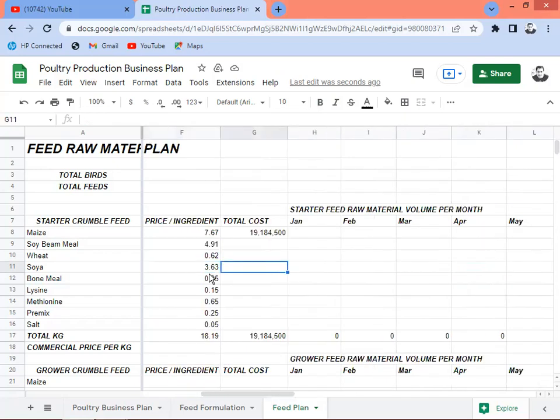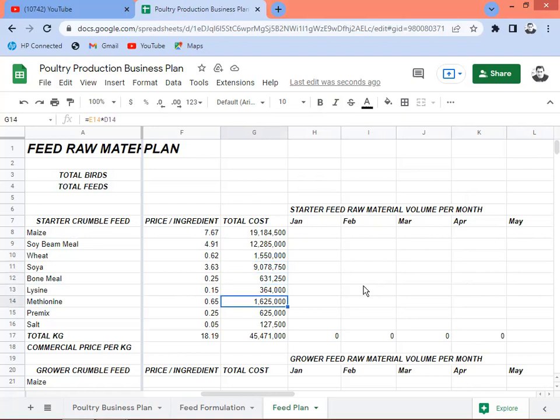So we can go to the right and still be able to see the first column. So we're having a total cost of 19,184,500 for the maize or the yellow corn. Then we'll drag it down. The second biggest chunk of the budget is soybean meal, and the third one is 9 million, soya.